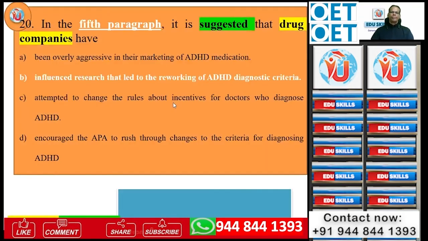Coming to the next question. In the fifth paragraph, it is suggested that drug companies have been overly aggressive in their marketing of ADHD medication, influenced research that led to the reworking of ADHD diagnostic criteria, attempted to change the rules about incentives for doctors who diagnose ADHD, encouraged the APA to rush through changes to the criteria for diagnosing ADHD.